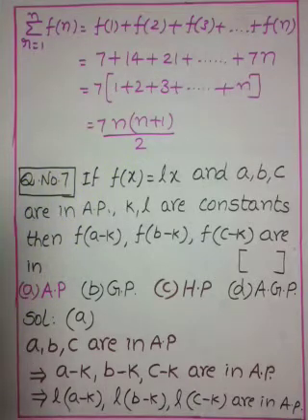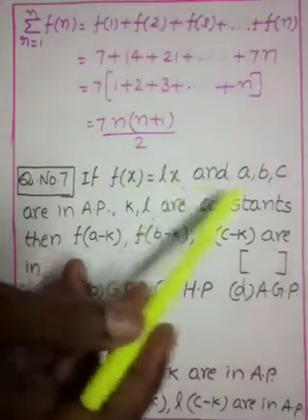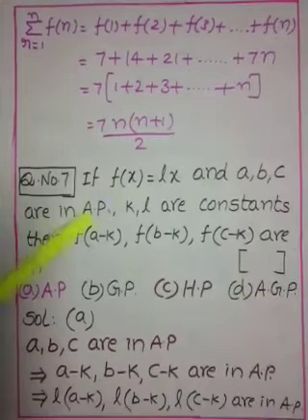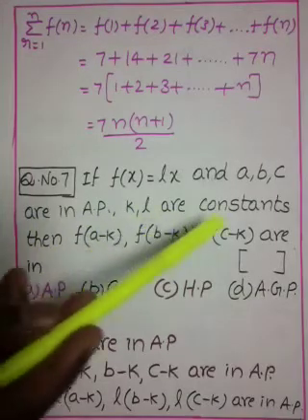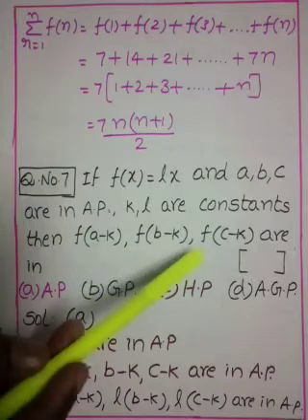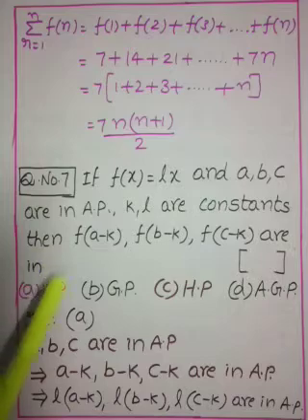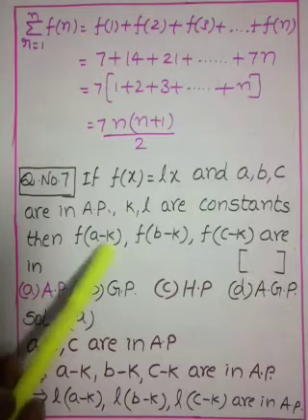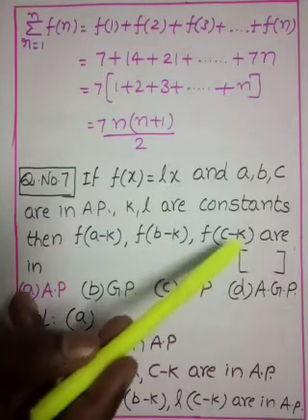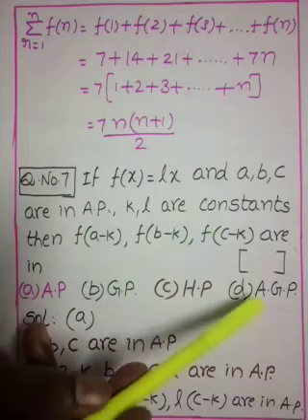Now come to question number 7. If f of x is equal to Lx and a, b, c are in AP, k, l are constants, then f of a minus k, comma f of b minus k, comma f of c minus k are in dash. We have to find whether they are in AP or GP or HP or AGP.